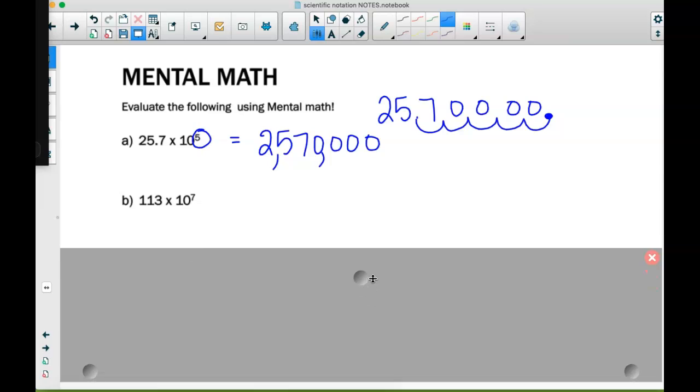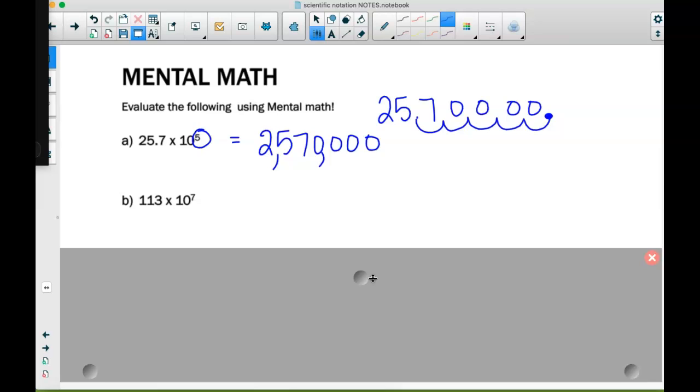Okay, let's write this one down. 113 times 10 to the 7th power. How many times are we multiplying by 10? Right? 7 times, right? Because the exponent is 7.